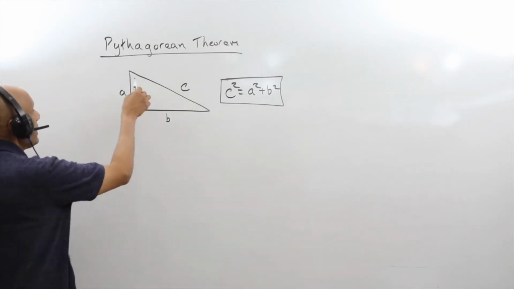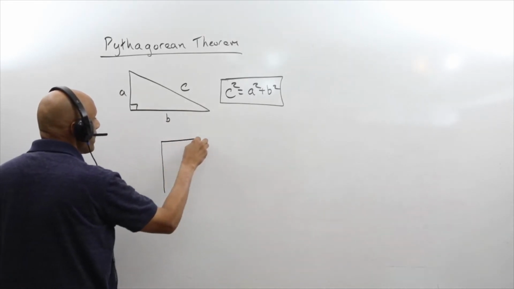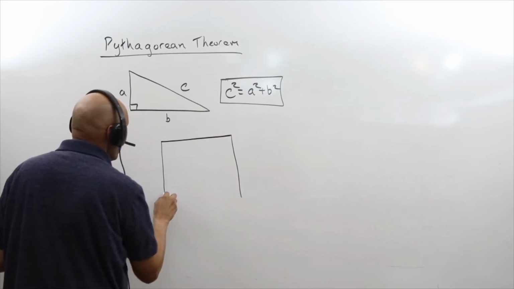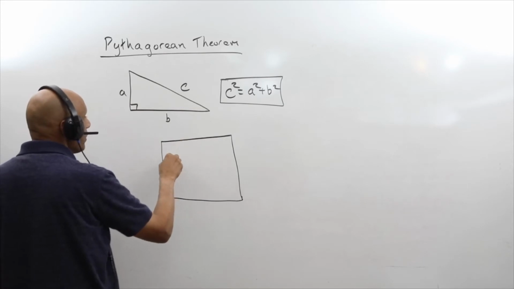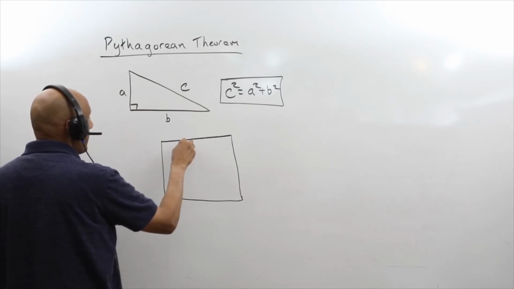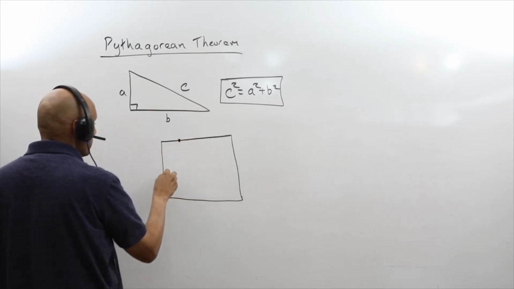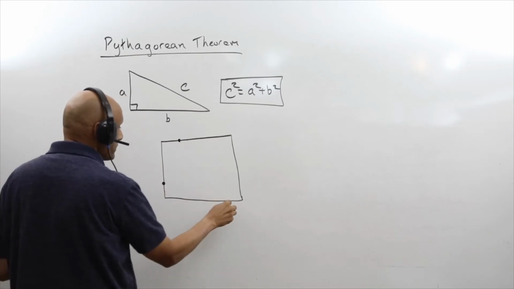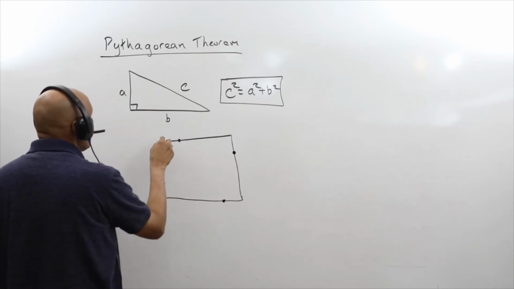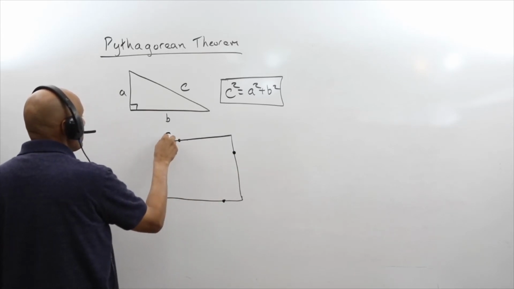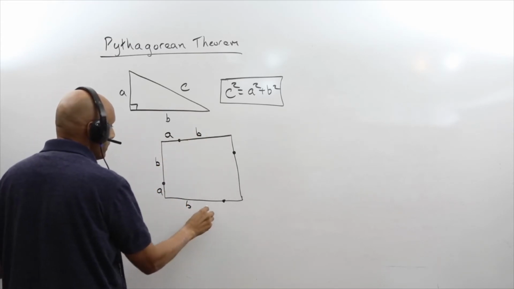And the idea is that if somebody gives you a triangle with sides A, B, and C, what I'm going to do is construct a large square. And inside this square, I construct a smaller inner square. I divide up the large square into points, and each point represents your A and B lengths. Here is your A and B length, here is your A and B length, here is your A and B length.